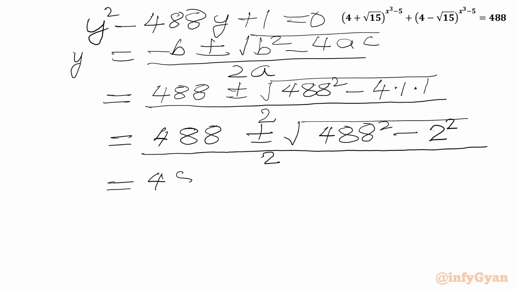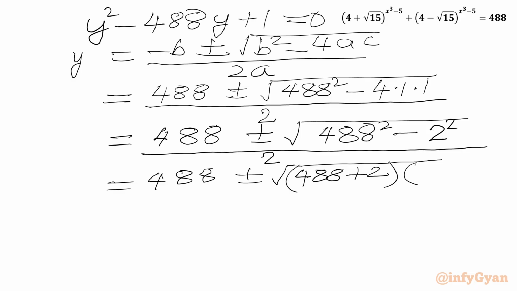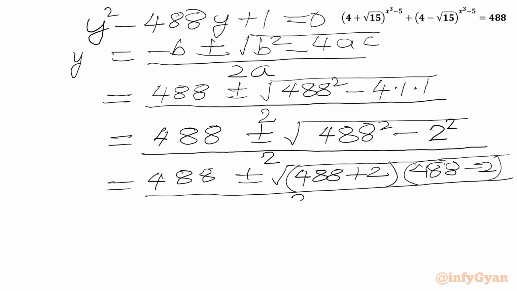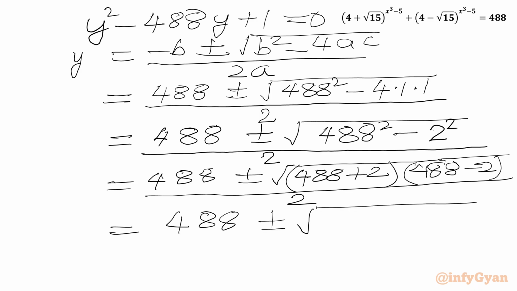The value will be equal to 488 ± √. We'll write (488 + 2) in one bracket and (488 − 2) in the second bracket over 2. This will be equal to 488 ± √(490 times 486) divided by 2.